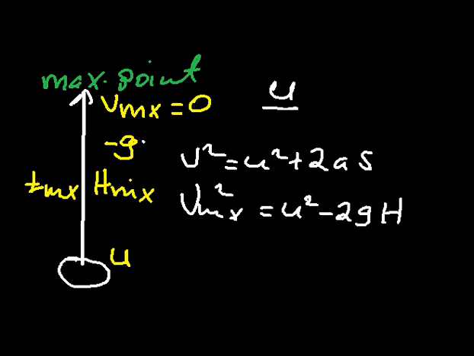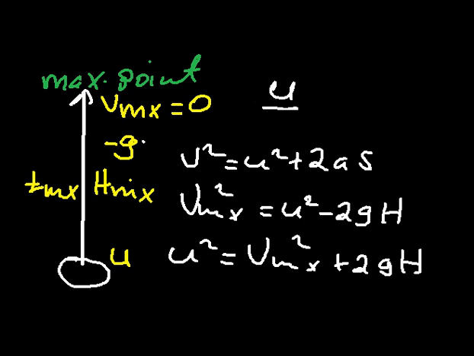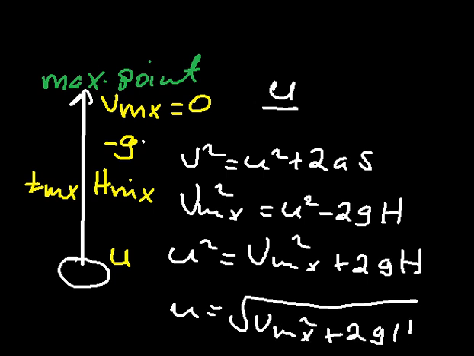So u square is v max square plus 2gh, which means the initial velocity is the square root of v max square plus 2gh. This is also a formula you can use to find the initial velocity.